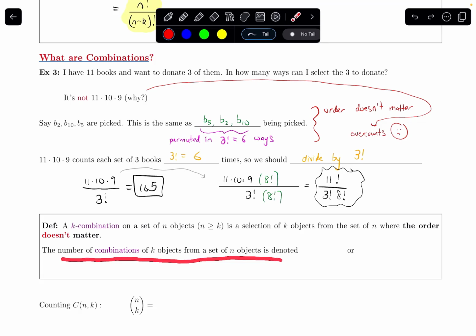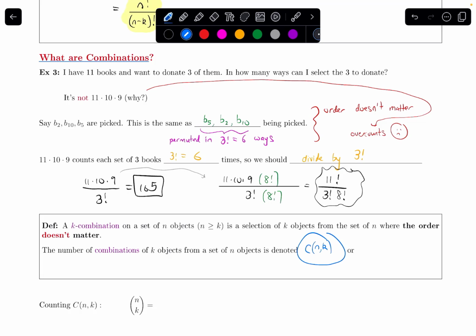We can denote the number of combinations of k objects from the larger set of n with two different notations. We can write capital C for a combination, and then in parentheses write n comma k. That's one notation for it. The other notation involves writing a tall, narrow parentheses, and up top I write an n, and on the bottom I write k. There's no fraction here. This is just another notation for this combination.